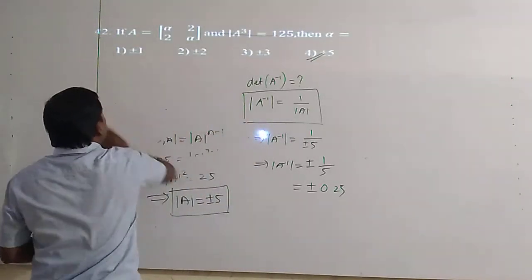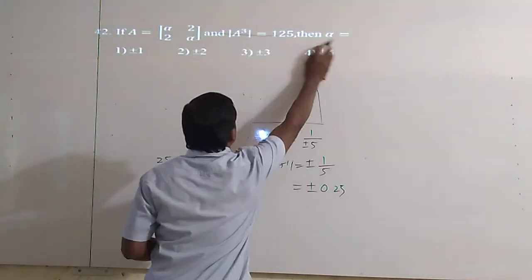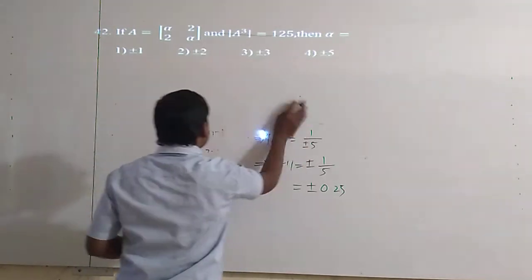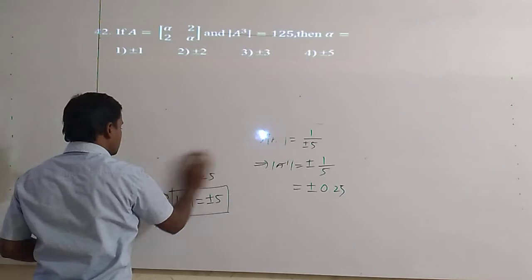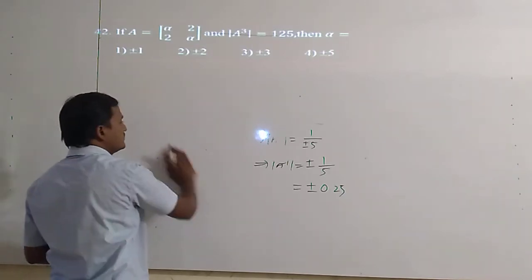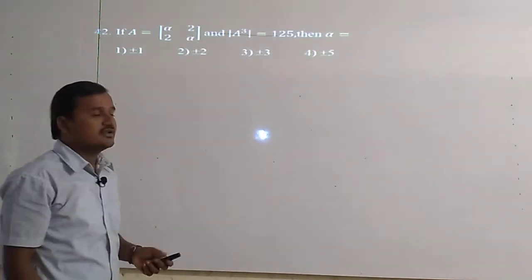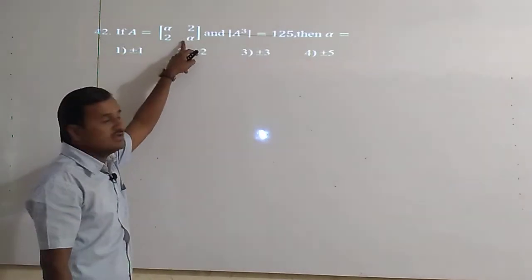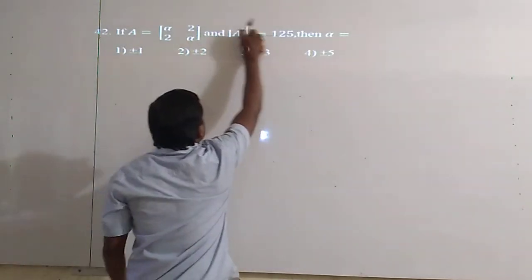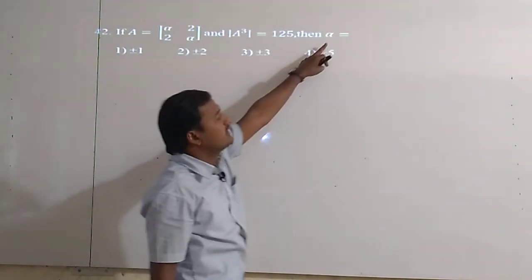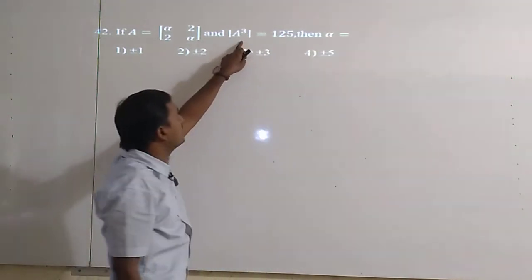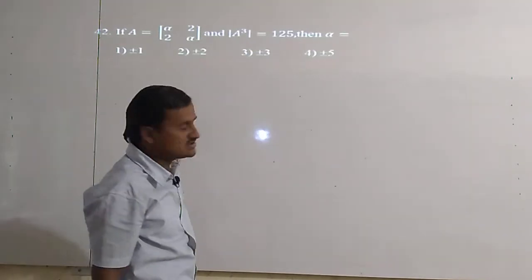Question number 42. Here you should observe what they have asked to find. They have given the matrix A, and we should find the value of alpha. To find the value of alpha, they have given this result also.